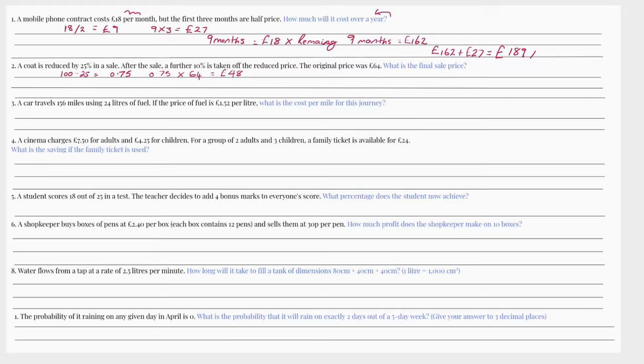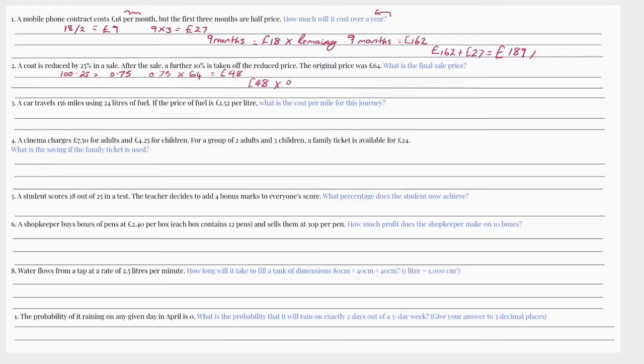Right, next bit. After the sale, a further 10% is taken off the reduced price. So we're going to do £48 and we're going to times it by, have a guess, 10%. If that was 0.75 and it was 25, what would 10% be?